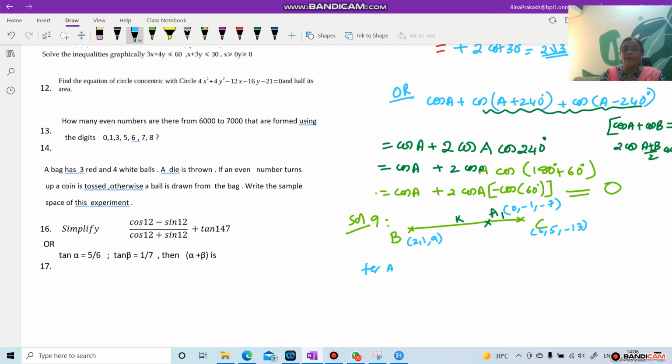It is 6k plus 2 upon k plus 1, and what value should it be equal to? It will be equal to 0. This says that the value of k is minus 1 on 3. Minus 1 on 3 indicates something: the ratio being negative says that A is external.